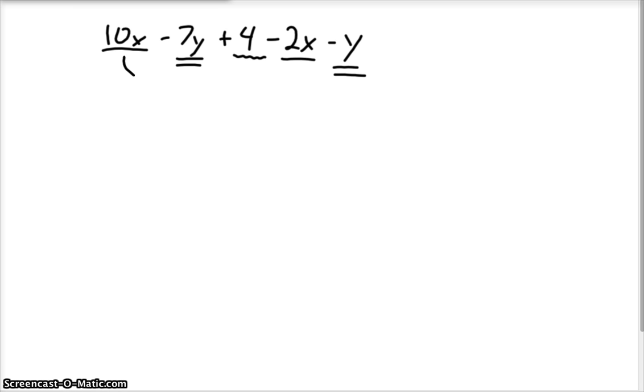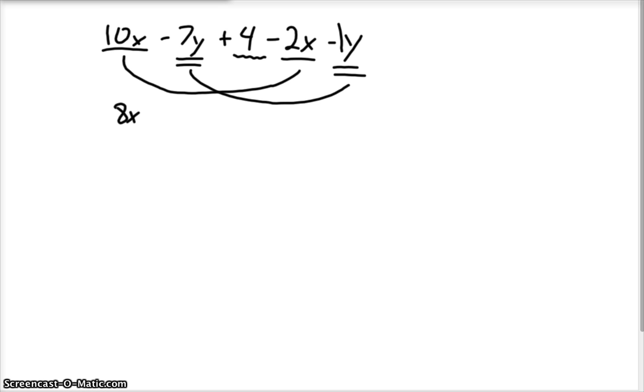I am first going to deal with the x's. So we have positive 10x and negative 2x. 10 minus 2, I'm going to get 8x. Now I'm going to deal with the y's. Negative 7y and negative y. When we have two negatives, we add them together. We have a negative plus a negative, so it increases. Think of negative y as negative 1y. There's one of it.